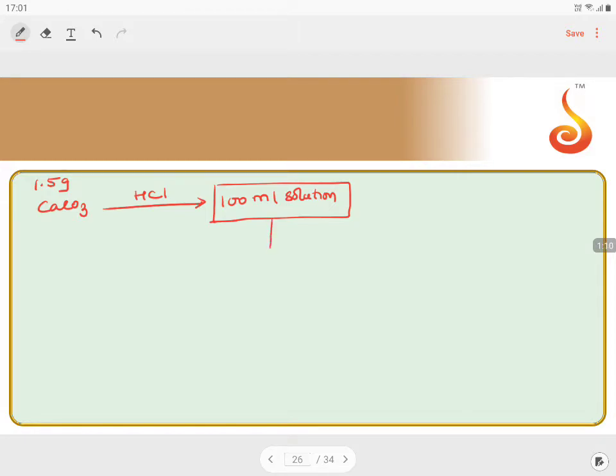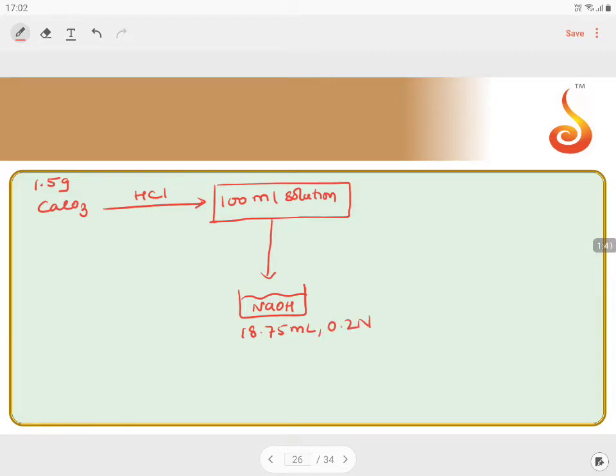Now this is reacted with NaOH solution, completely neutralized. The NaOH data given to us in the question is 18.75 ml of 0.2 normal NaOH.